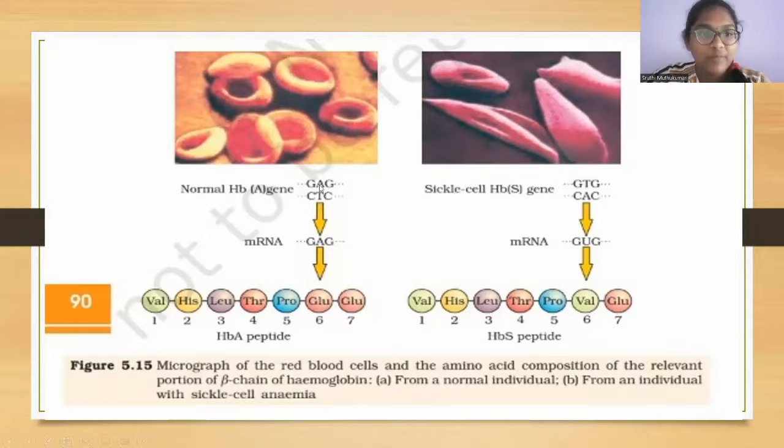This is the DNA part, and this is the mRNA, and you can see the mRNA is GAG, and the amino acid that is formed is glutamic acid, right? Now coming to the modified one, the one that is mutated, that is HbS. Instead of GAG, you can see the defect over here as GTG.